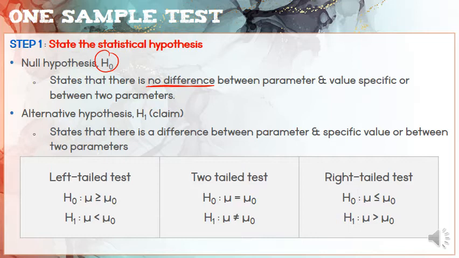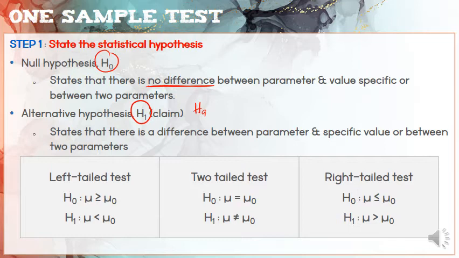Okay, so kita nak bagi tahu dalam null hypothesis ni there is no difference between the parameter and the hypothesized value. Lagi satu, nama dia alternative hypothesis. Alternative hypothesis biasanya denoted as H1, or ada setengah buku dia pakai Ha. Okay, H1 state the claims. Apa yang soalan claim? Okay, state that there is a difference between the parameter and the specific value, ataupun between two parameter.